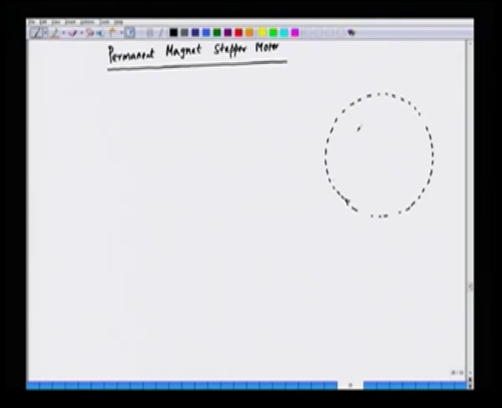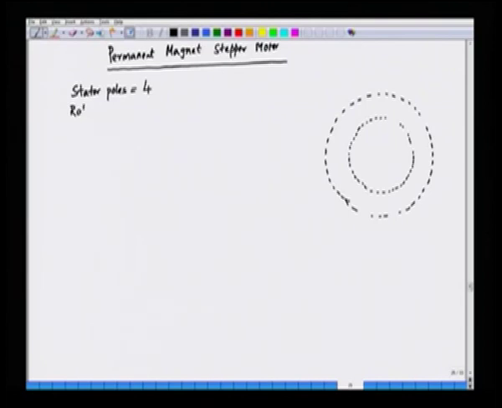These are the stator periphery, and we have 4 poles on the stator. So, the stator number of poles is 4. Stator poles equal to 4.